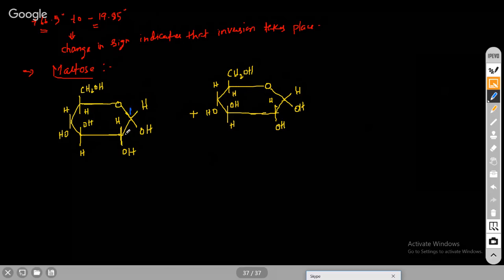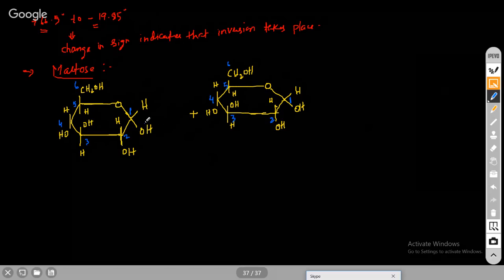So first carbon is this, and here the first carbon is this, fourth carbon is this. 1, 2, 3, 4, 5, and 6. You see, C1 and C4 are involved. So obviously the glycosidic linkage forms between C1 and C4 carbon only. You also have to memorize this position, because sometimes they ask this question: glycosidic linkage is present between which carbon atoms? Theoretical question, okay? Options you will have like C1, C4, C1, C3. They'll frame the options, so keep this in mind.